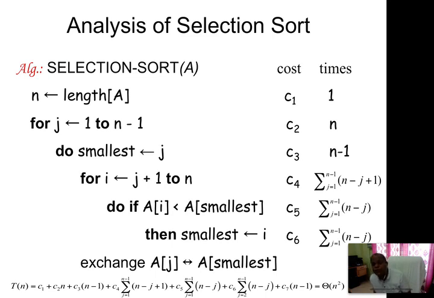The next one is outside the inner for loop, hence it is C7 into n minus 1. Hence T(n) is C1 into 1 plus C2 into n, and so on, the addition of these.